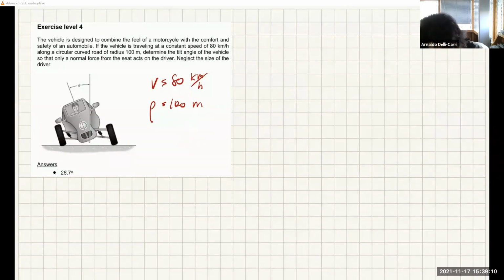So if you do the free body diagram of the driver, which I will just explicitate as a large point, this is the driver. We have that the driver is going up. This is also the same thing.